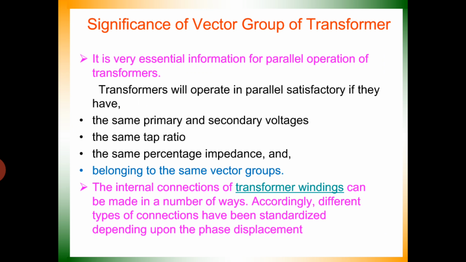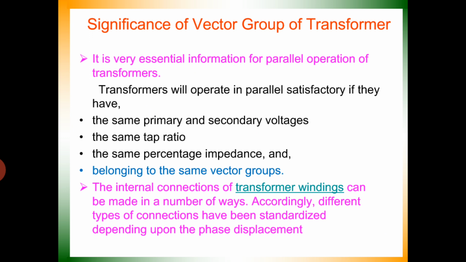So during parallel operation, some important points are the same primary and secondary voltage, same tap ratio, same percentage impedance. The percentage impedance, also called per unit impedance, of the first transformer equals the per unit impedance of the second transformer when two transformers are connected in parallel, but with different ratings. That is also an essential condition.